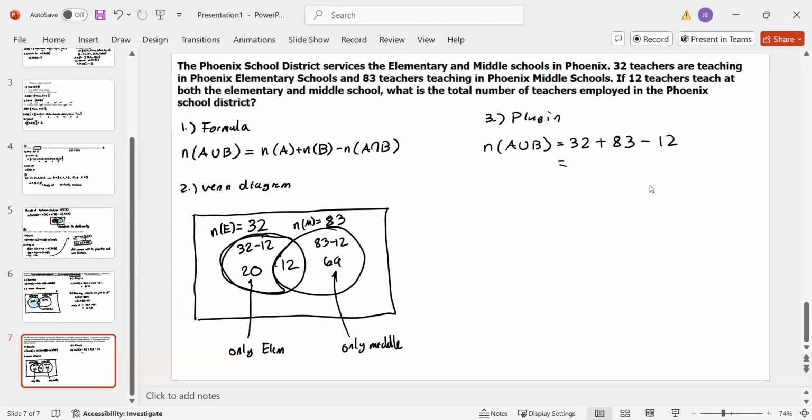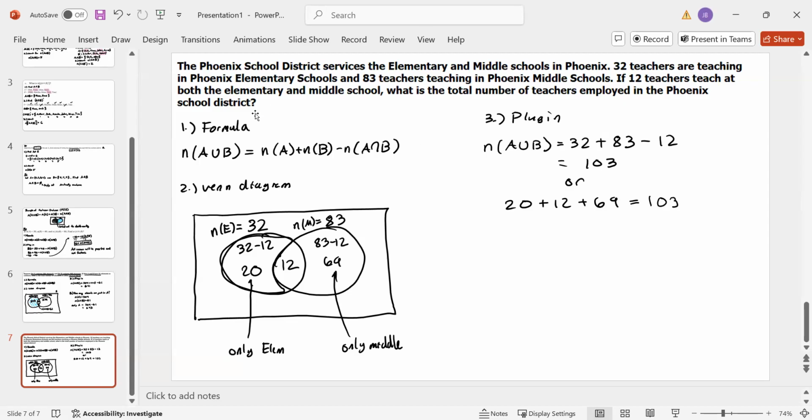And if you add those together, what you're going to end up getting is 103. Or you could add up 20 plus 12 plus 69, and that too is equal to, did I do that right? 103.